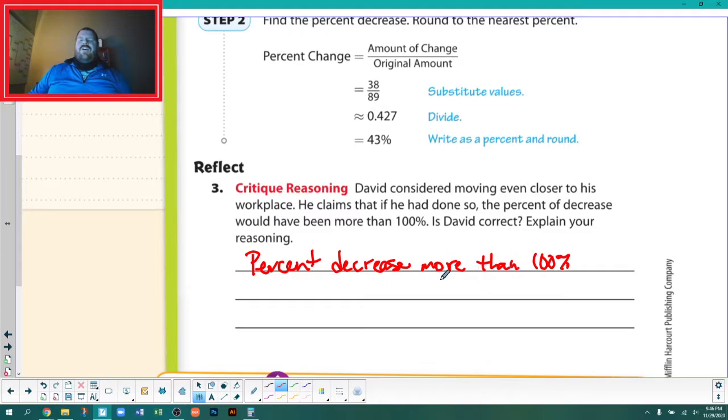So if our percent decrease is more than 100%, well, we're just going to say that isn't possible.